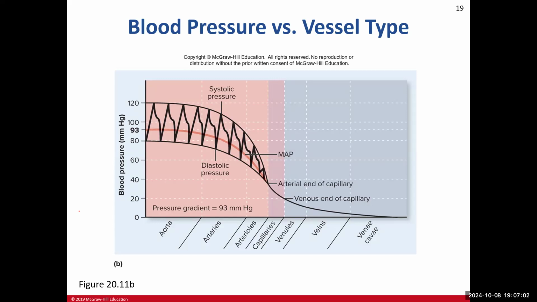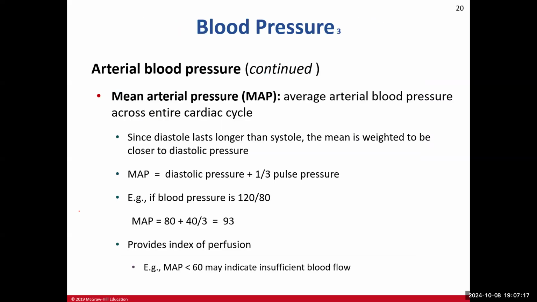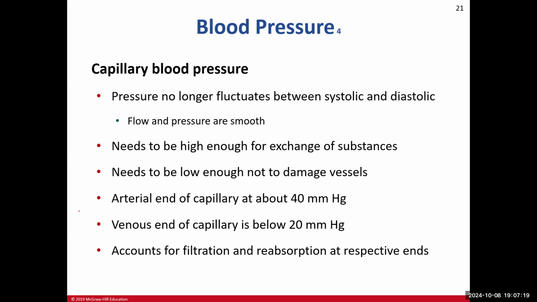That's the hydrostatic pressure. So that's why we favor filtration here, but favor resorption over here, because part of the reason is we're seeing a decrease in the hydrostatic pressure. What influences the hydrostatic pressure is your blood pressure there. So that's what we're going to kind of see here.